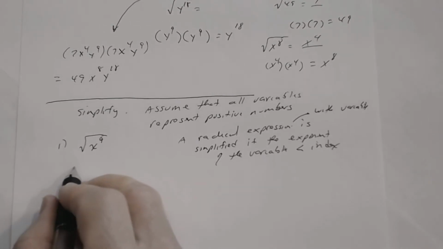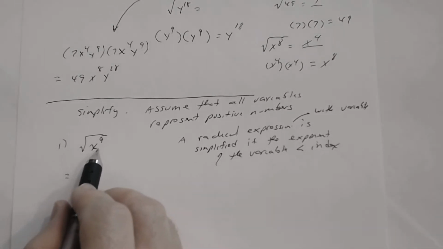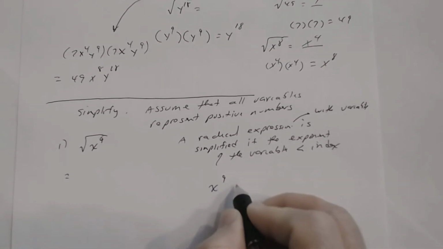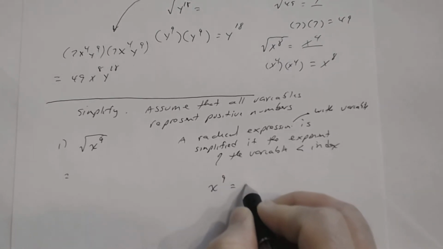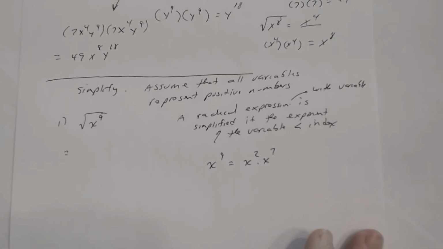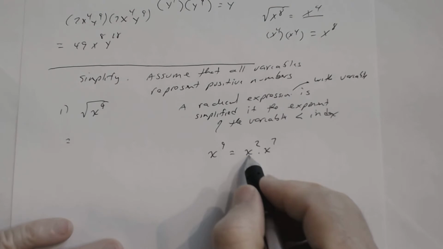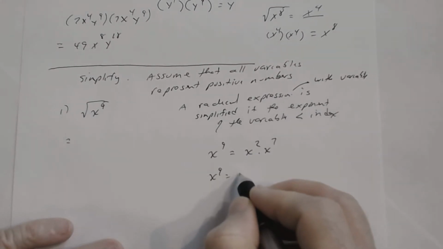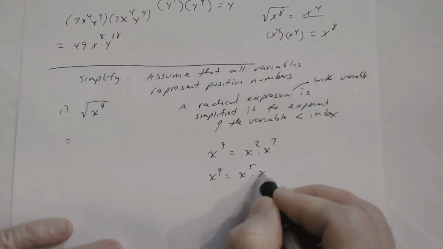Listen carefully. You want to rewrite x to the ninth. You remember you can rewrite x to the ninth in multiple ways, right? You can say x to the second times x to the seventh. Y'all agree? Because when you multiply like bases, you add exponents. You can also rewrite x to the ninth as x to the fifth times x to the fourth.